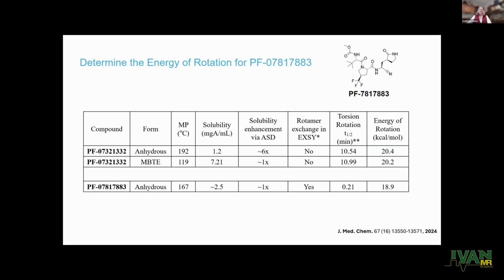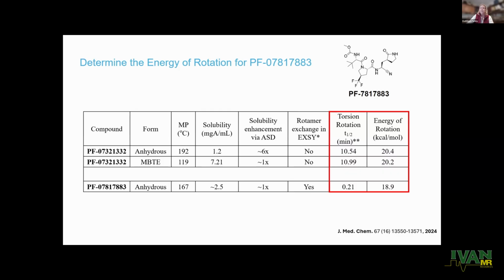So I'll jump to the answer. This is our first generation compound that is in Paxlovid. And you can see here our torsion rotation or our energy of rotation is around 20 kilocalories per mole. And in the second generation compound, we were able to reduce this to 18. But the big number you can see here differently is the torsion rotation.